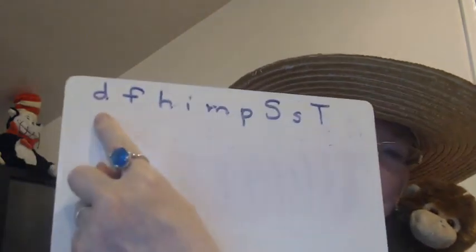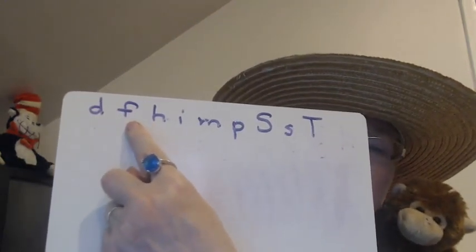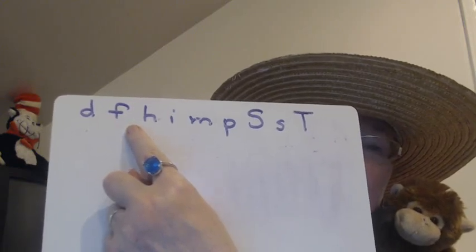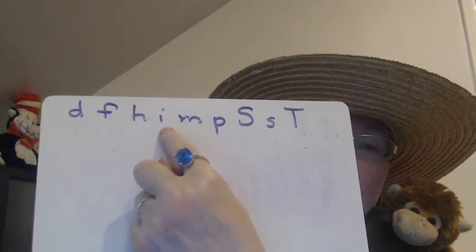All right, so first we need to talk about the letters and the sounds that they make, okay? So identify letters and sounds. This is the letter D, which makes the sound of D. F, H, I, we already know.